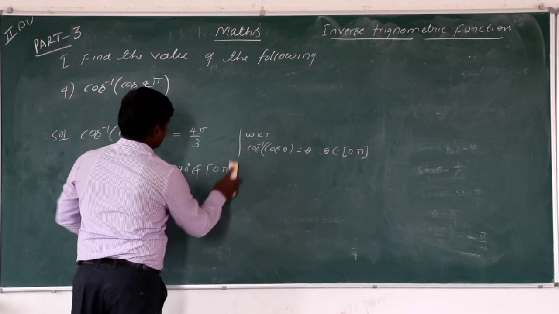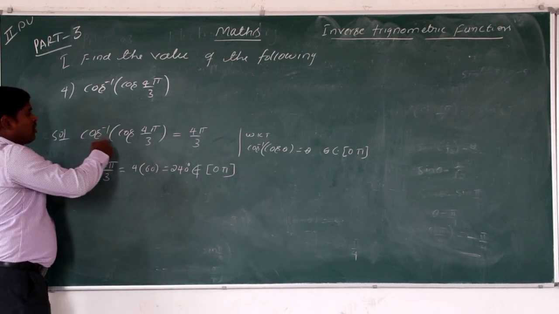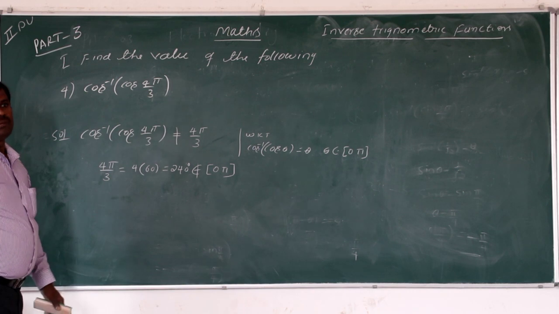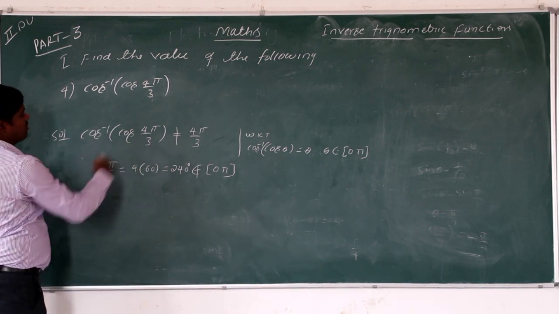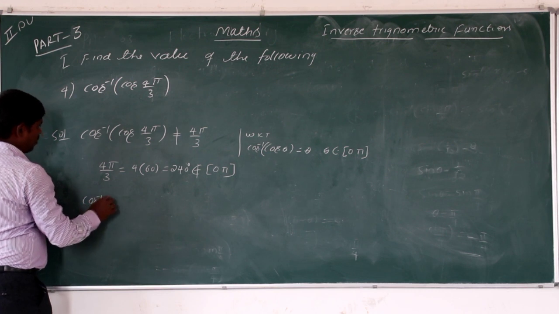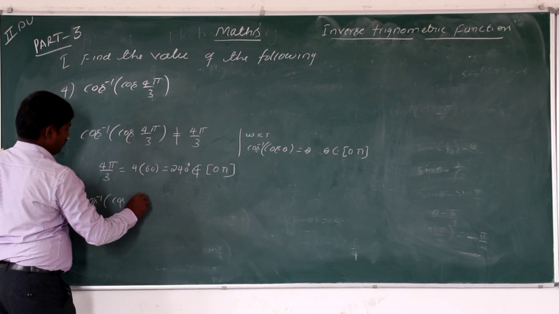Therefore cos inverse of cos 4 pi by 3 is not equal to 4 pi by 3. So we need to change the value of 4 pi by 3.